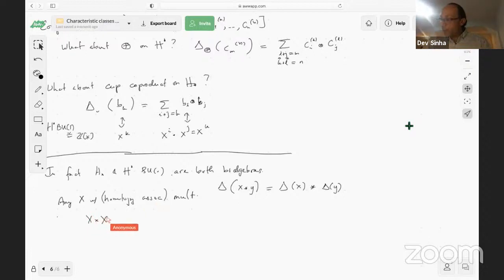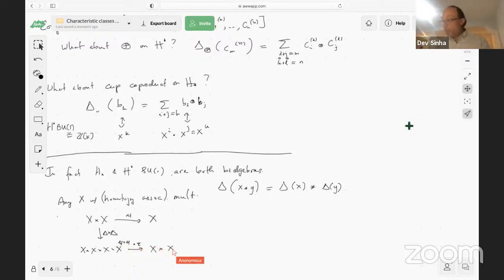If I've got X cross X to X, think BU_i cross BU_j to BU_{i+j} through the multiplication, or BU bullet cross BU bullet, I can first take diagonal cross diagonal. So I've got X cross X cross X cross X. Then I can first transpose the second and third, and then take multiplication cross multiplication, and I'll get to X cross X.